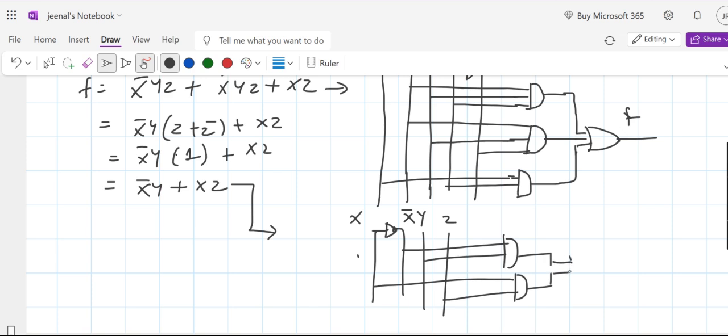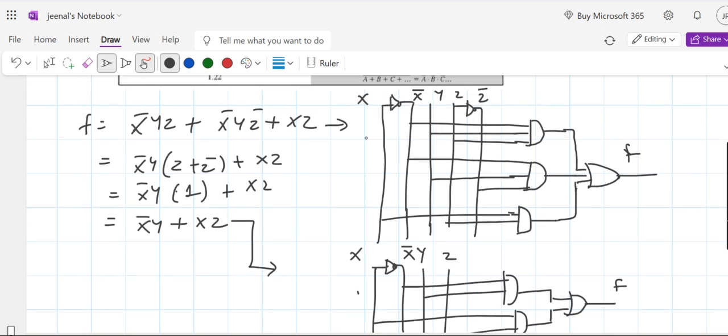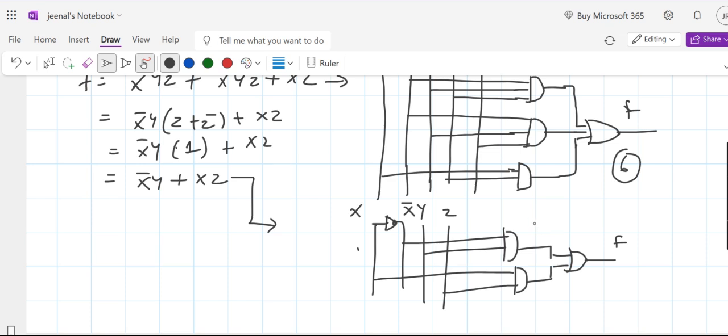And finally we OR the two. And that's your function f. So the equation which we implemented earlier using 1, 2, 3, 4, 5 and 6 gates, the same equation performing the same function, is now implemented using only 1, 2, 3 and 4 gates. So since we reduce 2 gates, our hardware reduces and eventually our circuit also reduces. I'll stop here. Thank you for watching.